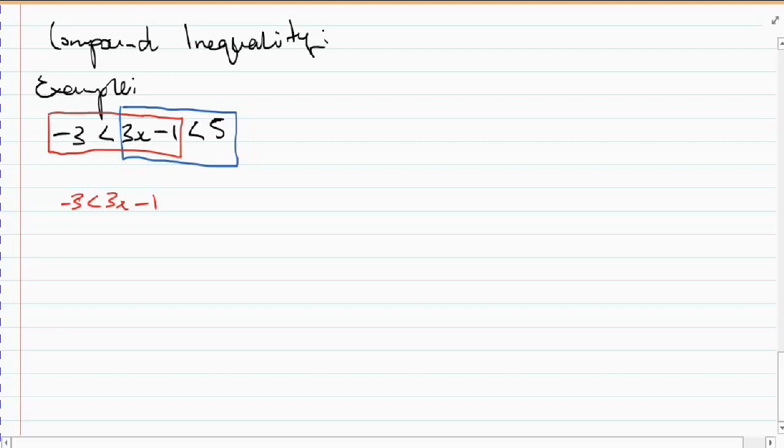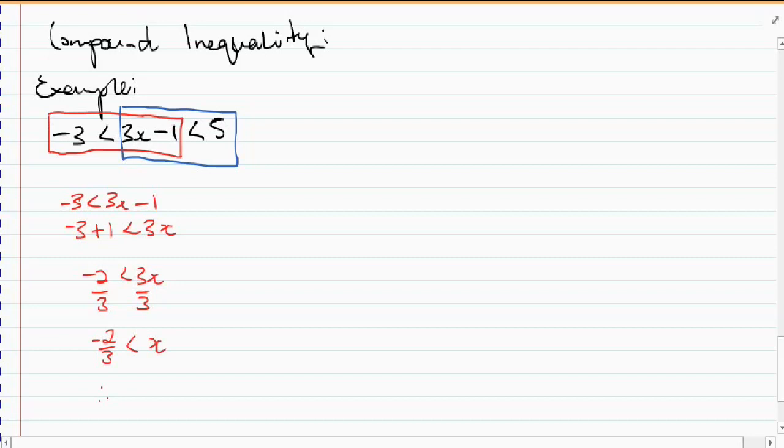We remove 1 from both sides: -3 plus 1 is less than 3x, so we end up with -2 is less than 3x. Now we divide both sides by 3. Since we divide by a positive number, we don't reverse the inequality sign. So we end up with -2 over 3 is less than x.